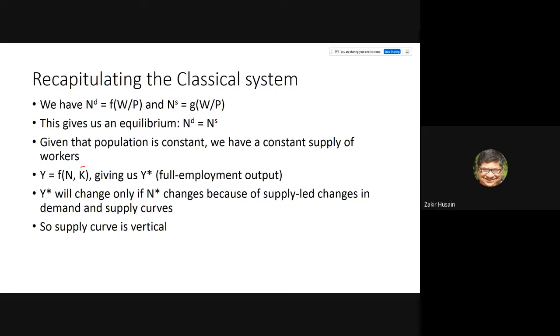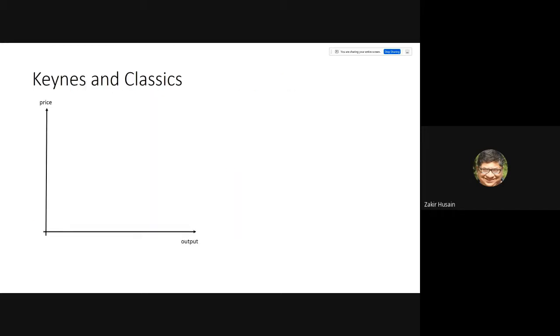Therefore, if we come to the commodity market, the change is occurring in the supply side of the commodity market. Demand for commodities does not come into the picture. As a result of this, the supply curve becomes vertical, unlike the Keynesian case.